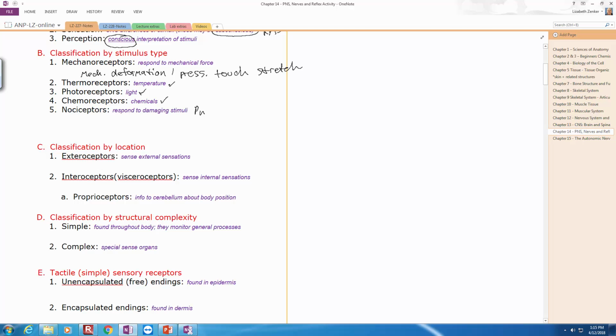Noxious meaning bad, icky, you don't like it, painful. So any one of those, if you had too much heat, a thermoreceptor could become a nociceptor, right? Because it's too hot and you burn yourself. So it's trying to tell you, this is getting hot, you really need to stop. This is painful hot, you're going to hurt yourself if you don't get your hand off of that, and so on and so forth.